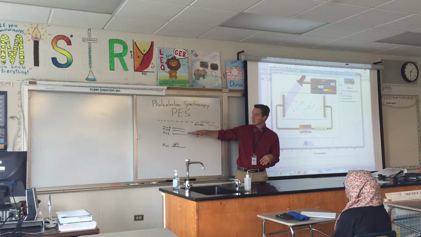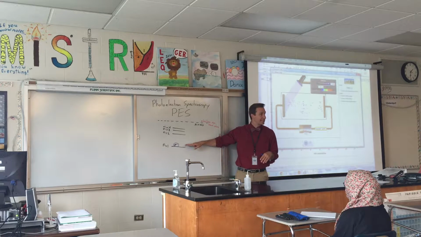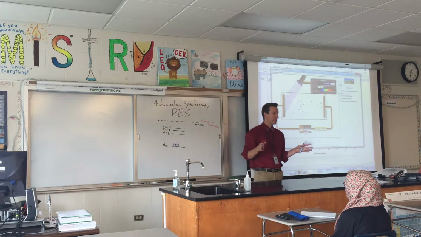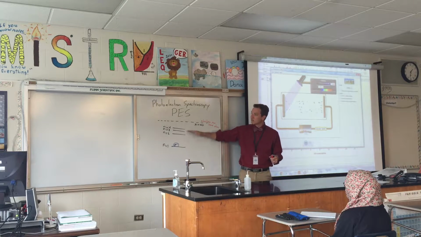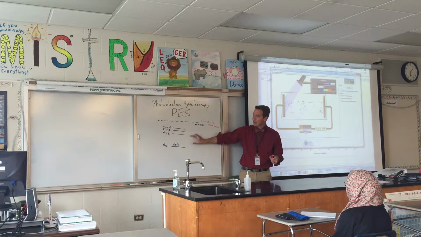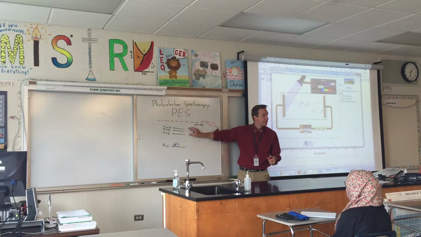So if I excite an electron up to n equals 2, it'll jump back down, and in the process, it'll give off light. When we look at the spectra that different elements give off when we put them in a gas discharge tube and send electric current through them, you see these colors being given off, and each color corresponds to a different jump within the shells in that atom.